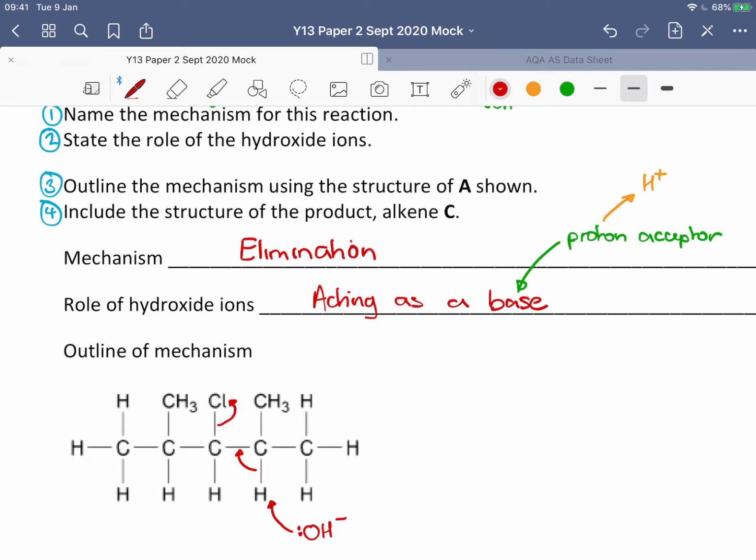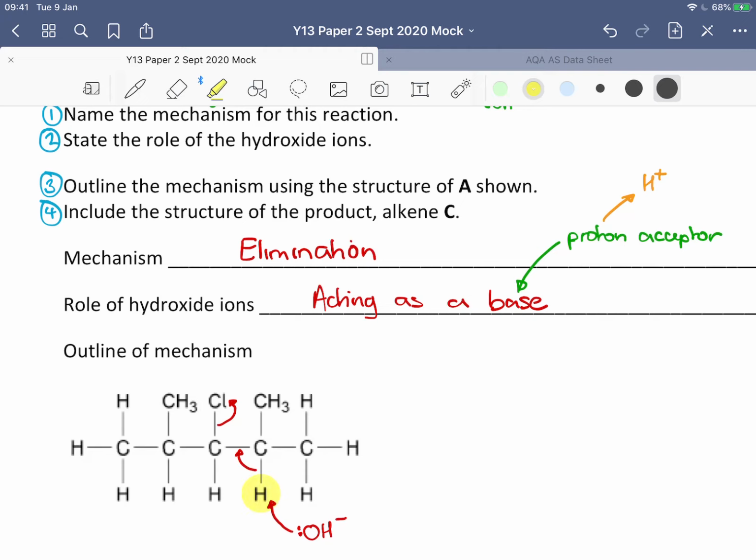So in both mechanisms, you have this arrow. The chlorine is being lost. So an arrow from the bond between the carbon and the chlorine onto the chlorine. But you've got to think of it like a cascading effect. So it is tricky.